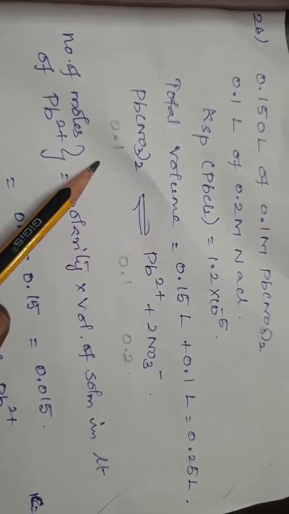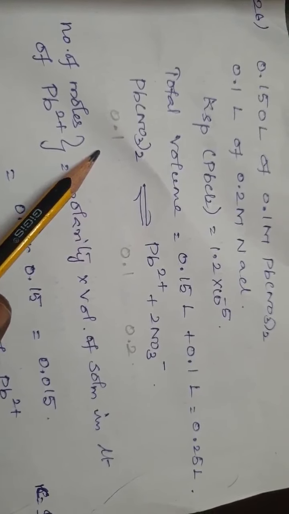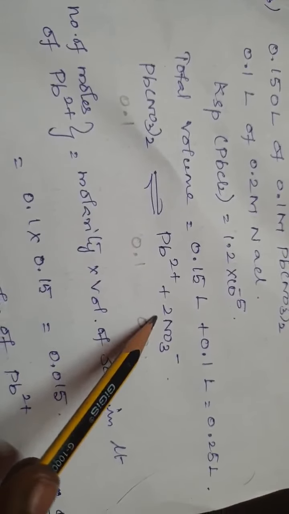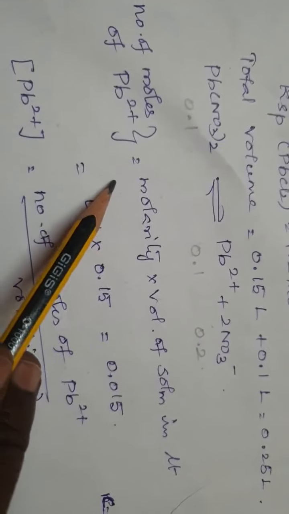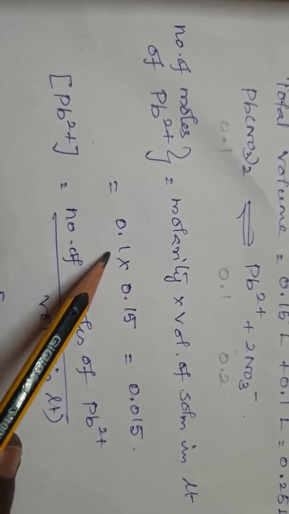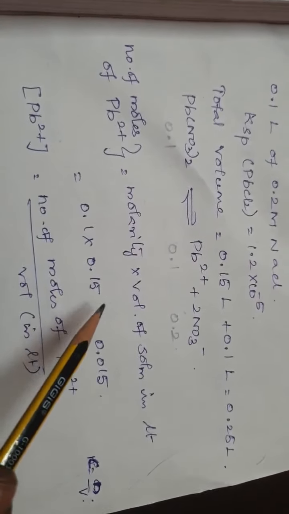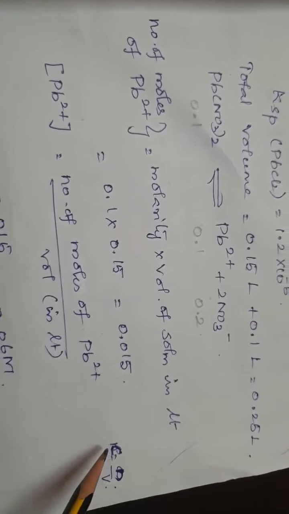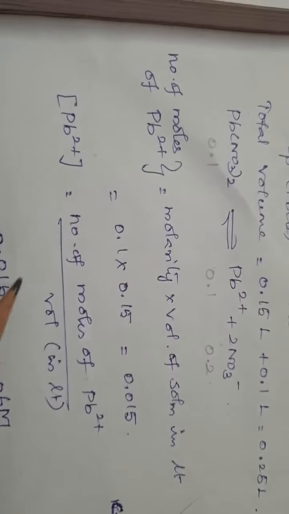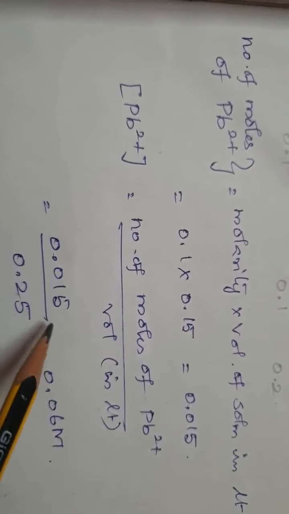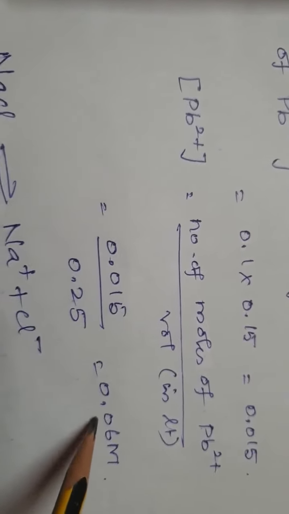Lead nitrate is 0.1 molar in 0.15 liter, and NO3 minus is 0.2 because 2 moles are there. The number of moles of Pb2+ can be calculated by molarity into volume of solution: 0.1 into 0.15 is equal to 0.015, based on the formula concentration is equal to n by V. Then the Pb2+ concentration is the number of moles by volume, 0.015 divided by 0.25, which is equal to 0.06.